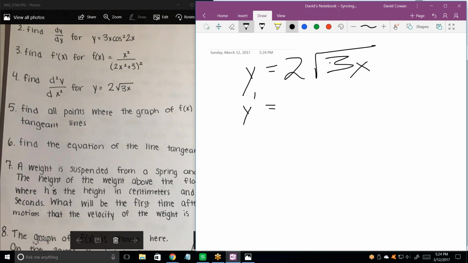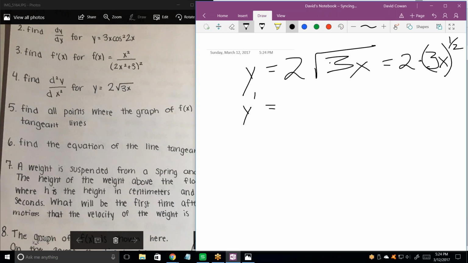So 2 times 3x to the 1/2. And very important that you put that in parentheses. If I omit those parentheses, it does not have the same meaning. Okay? So what's y prime? I guess it would turn out to just be 3x. I'm sorry, what?